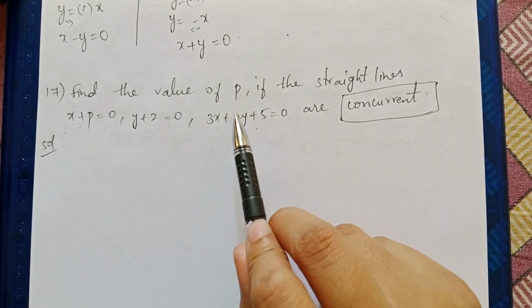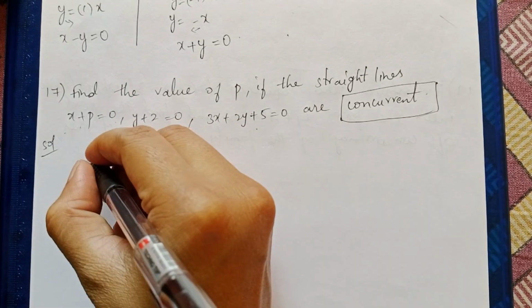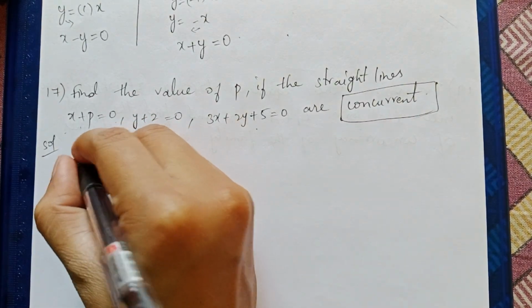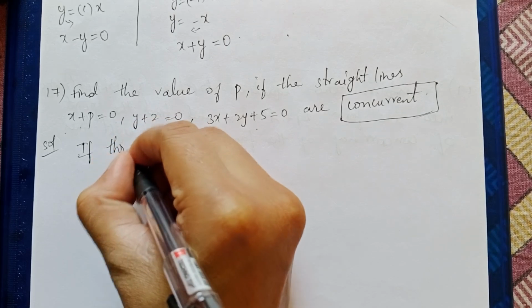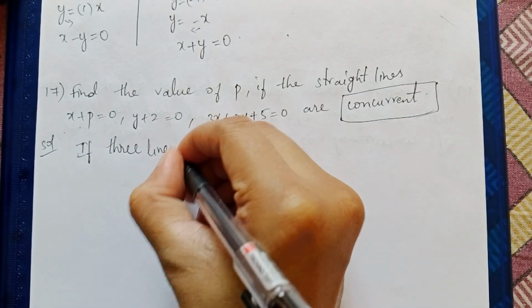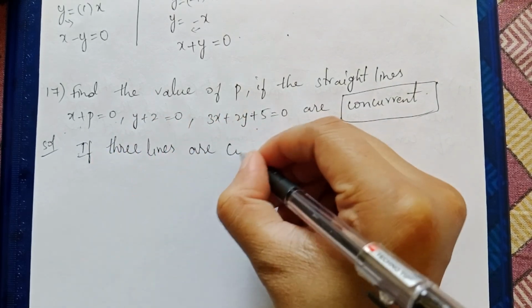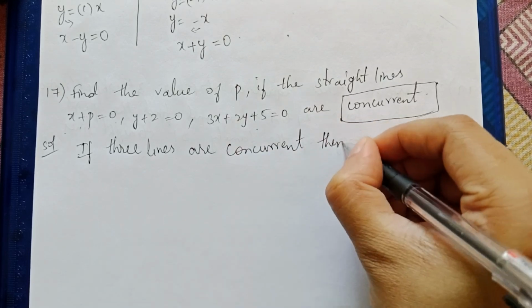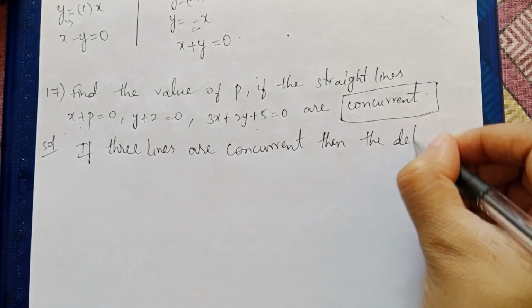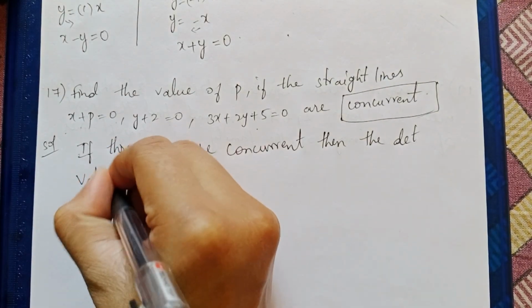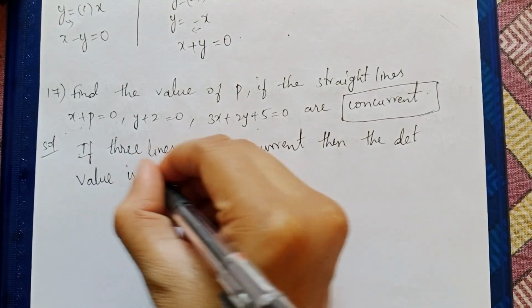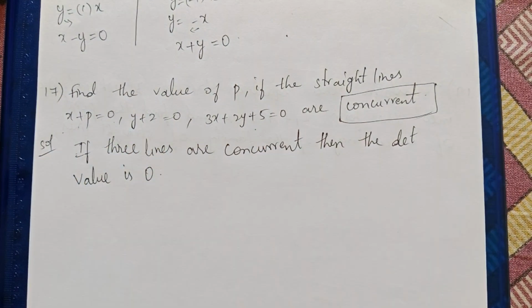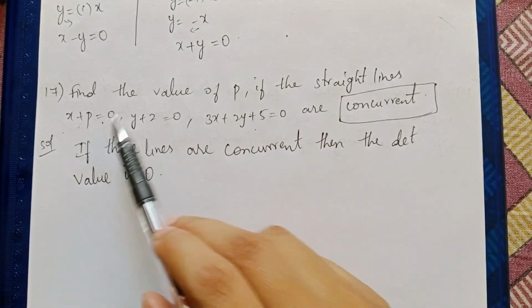Okay, you need to remember this. If three lines are concurrent, then the determinant value is 0.